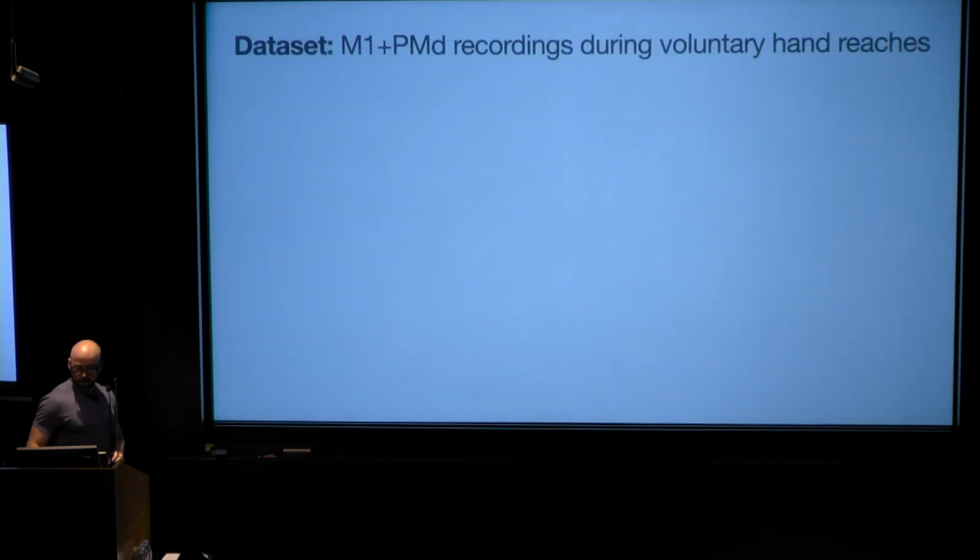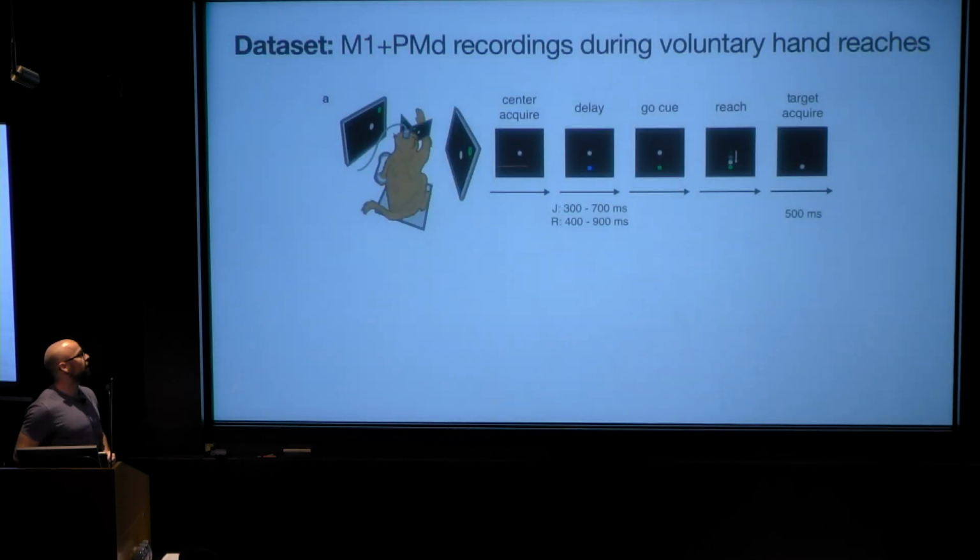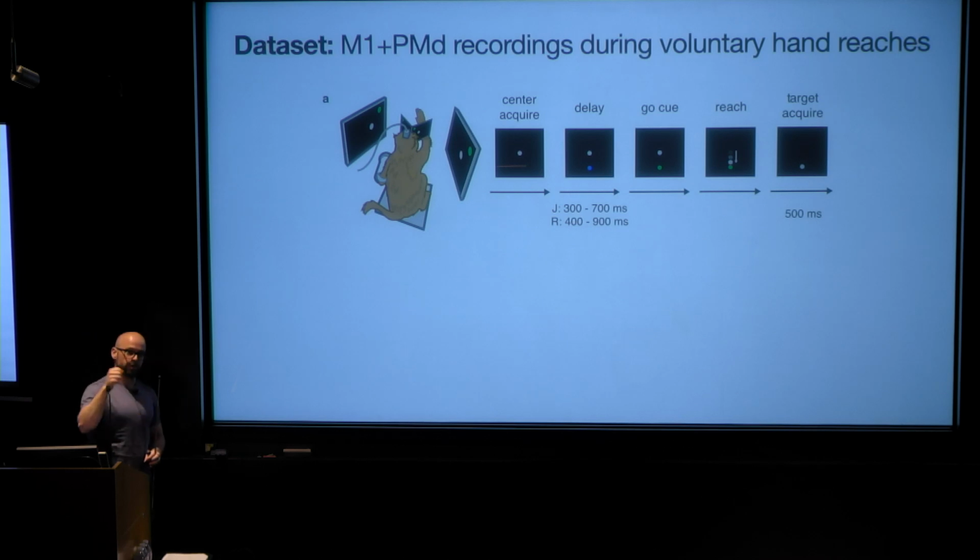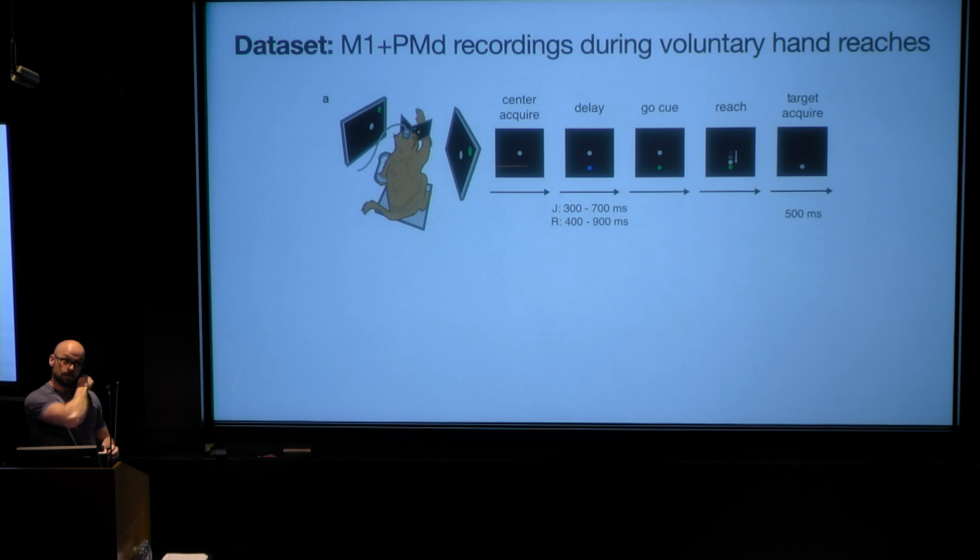Okay, so just to make this very concrete, I'm going to talk about a data set where we record in motor cortex of a non-human primate that's making point-to-point hand reaches. This is data from a lab that studies brain-computer interfaces with the idea of restoring motor function to people with ALS and other forms of paralysis.